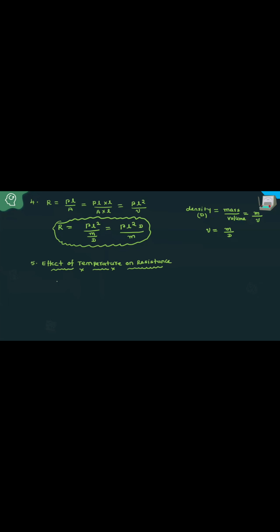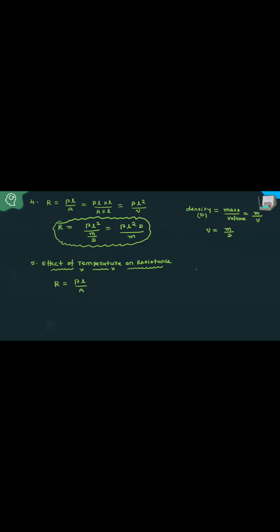Students, we know that R equals rho L by A. You have to write this equation in terms of the drift velocity, or we know this one, R equals rho L by A.